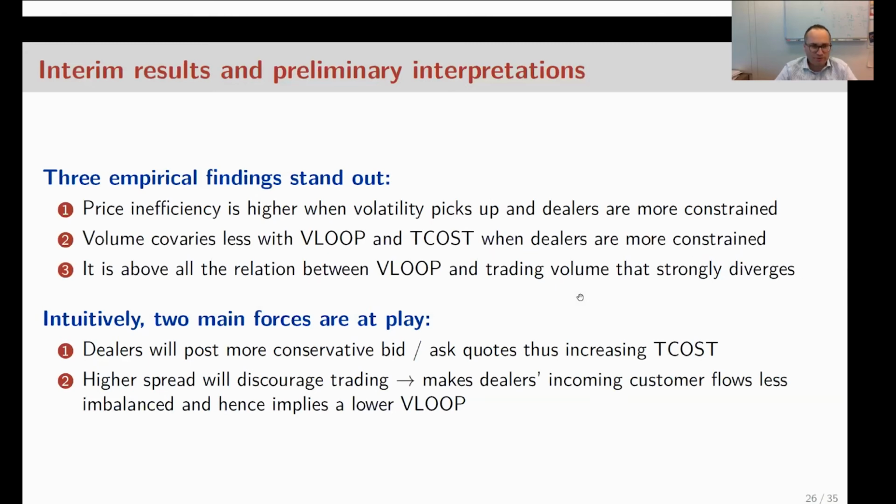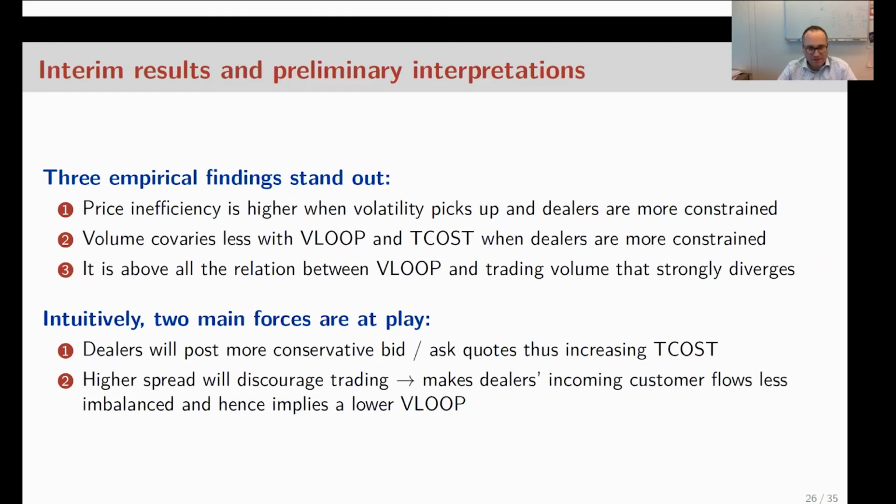Now let me turn to a bit of the theoretical part of the paper. Quickly summarizing the empirical findings so far: what I've shown is that price inefficiency is higher when volatility picks up and dealers are more constrained, and that volume covaries less with the price inefficiency metric when dealers are more constrained.